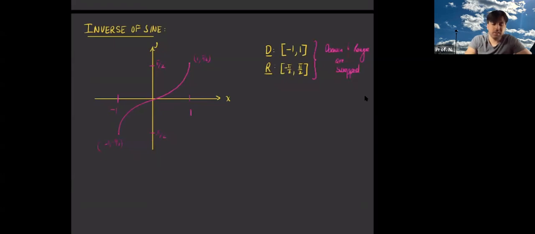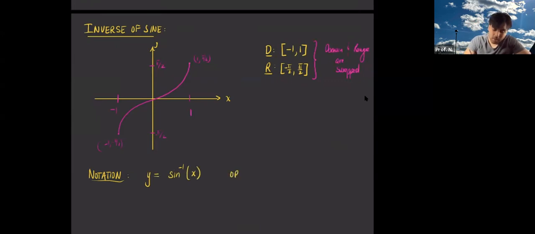Now, what's the notation for inverse sine? There's two ways you can write this. You can say y is equal to sine with that -1 as a superscript. This is not an exponent. Sine inverse of x. This is one way.